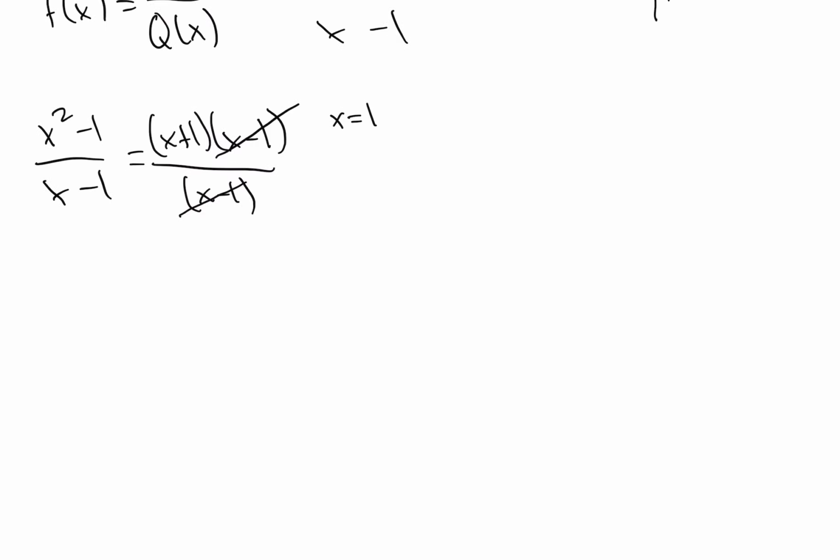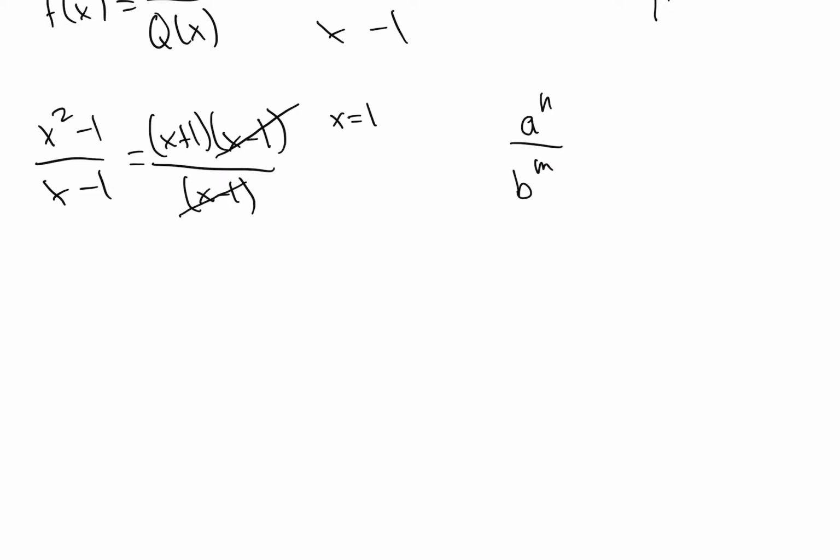Now, we can move on to other forms of asymptotes. Horizontal and slant asymptotes describe the behavior of the graph as x goes to infinity or x goes to negative infinity, which means they're kind of like limits. If the degree of the numerator, let's say we have a to the n over b to the m.